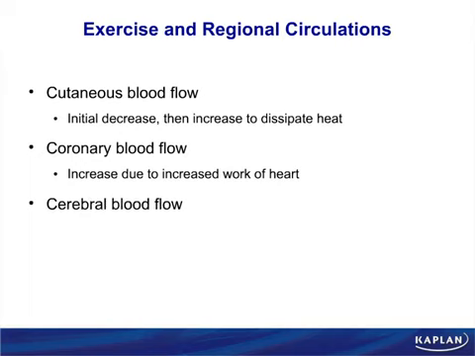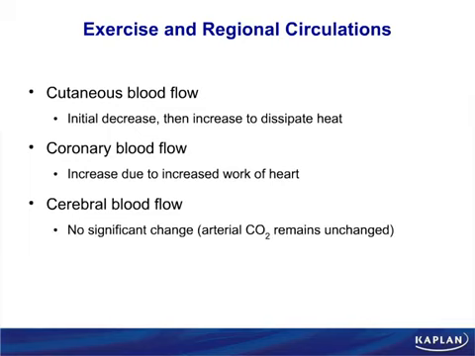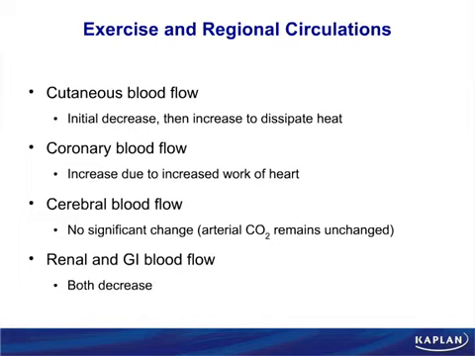Since we're maintaining CO2, what do we think? Cerebral blood flow? Yeah, should be pretty much the same. CO2 is okay. Mean arterial pressure is okay. So cerebral blood flow, by and large, no big change. Kidney, gut, vasoconstrict.